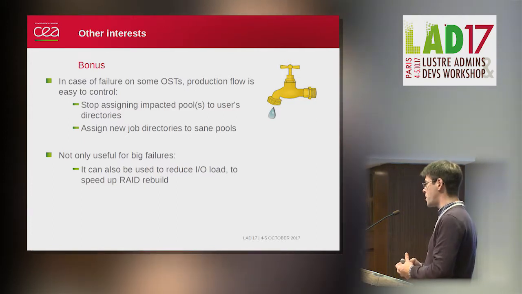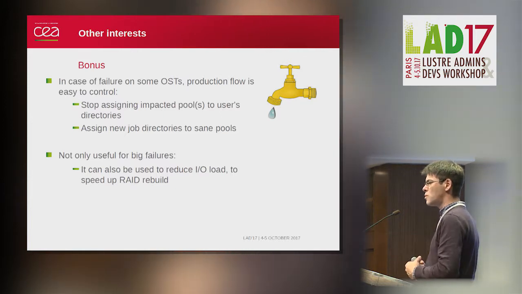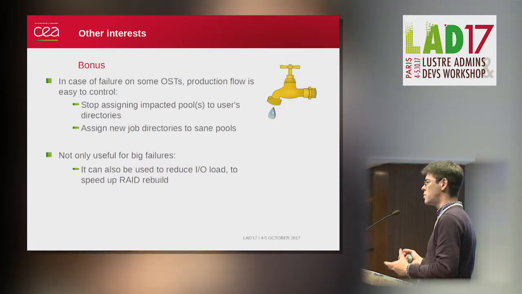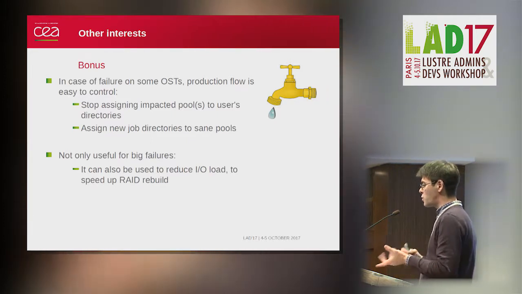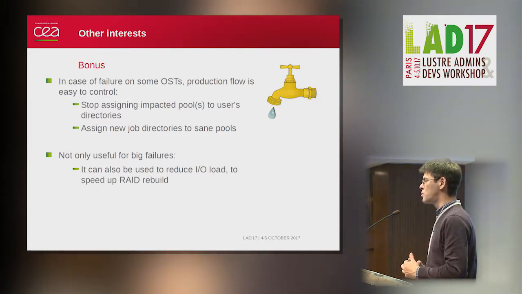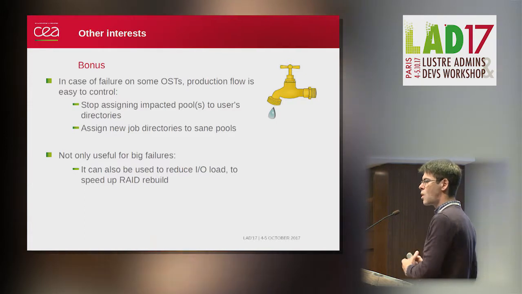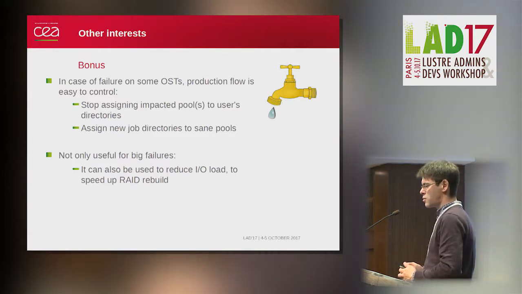It could also be used for other situations, not only failures. For example, if you have a big RAID rebuild to do on some OSTs, you could wish to offload this OST while it is rebuilt. So you can also use this pool mechanism to stop all new IOs to this pool to speed up the rebuild.